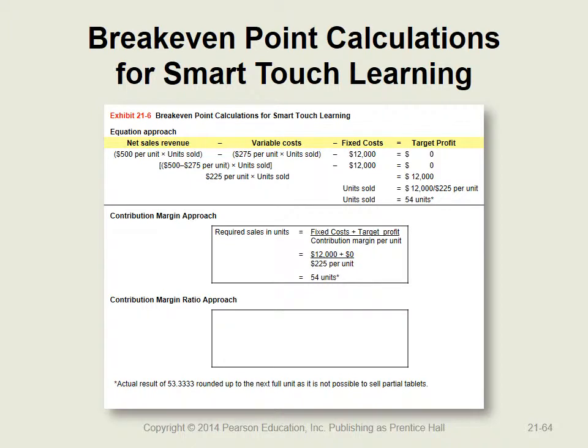The contribution margin approach is a shortcut method that produces the same result as the equation method, or 54 units. Using the contribution margin ratio approach, we see that monthly sales of $26,667 are needed to break even. This amount has been rounded up to the next full dollar from the actual result.